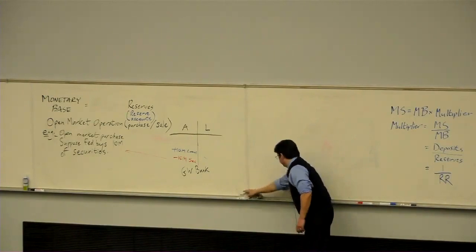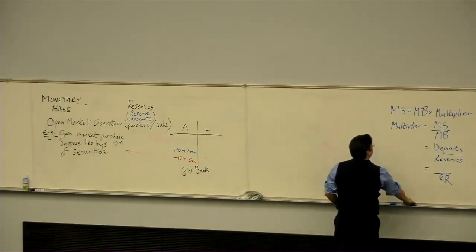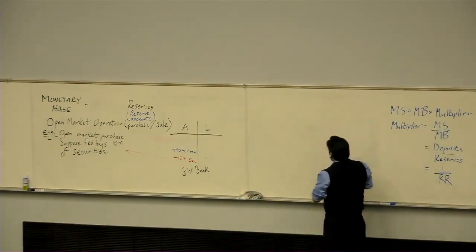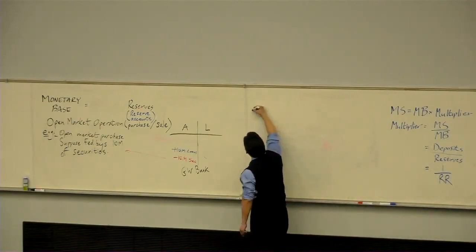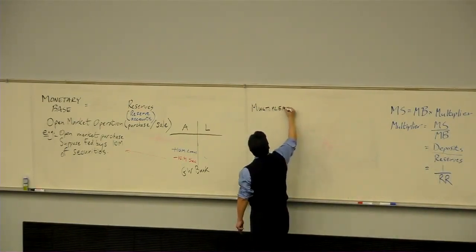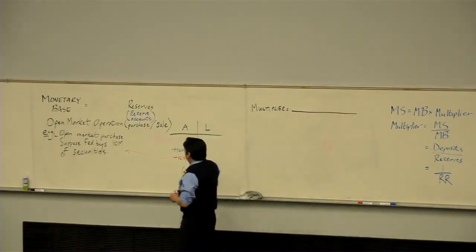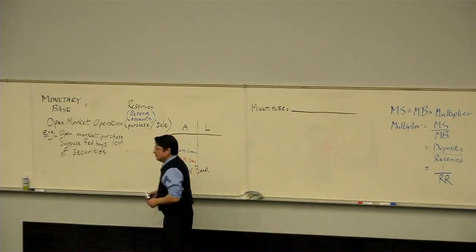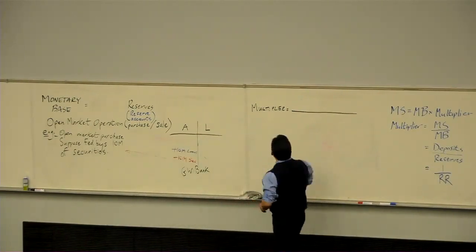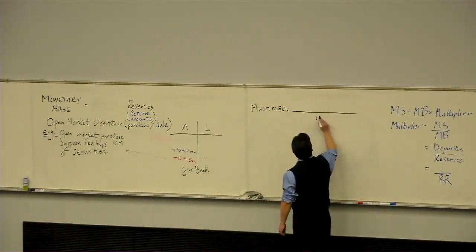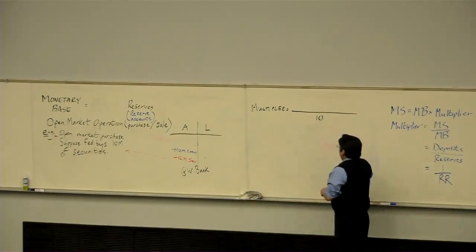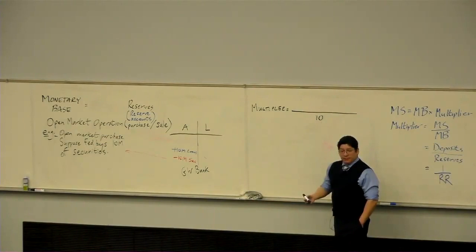So, the multiplier is the money supply over the monetary base. Now, what's the monetary base in this example? 10. What was the money supply? There were the deposits generated. Right?